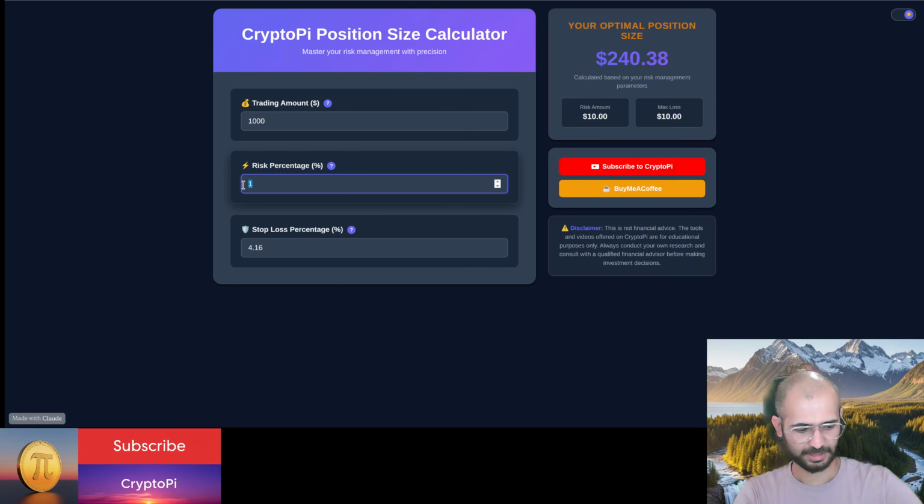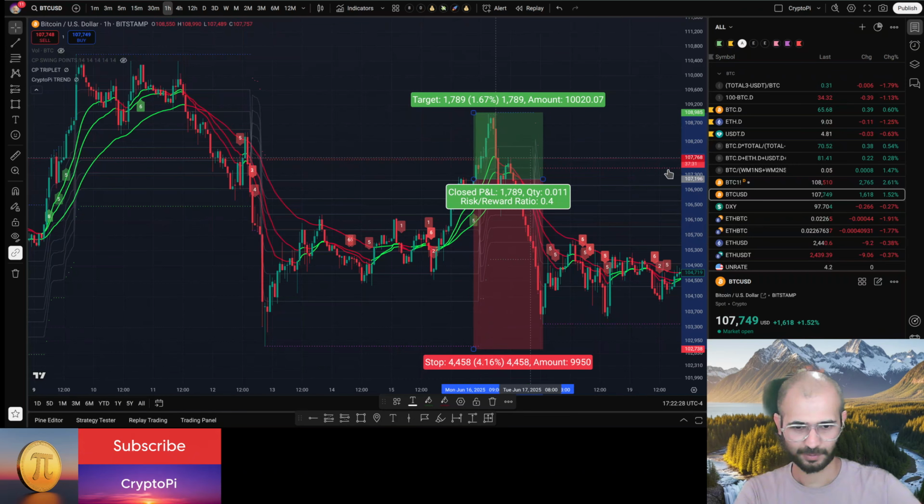Now, make a note that if I increase my risk percentage, my position size increases, so my max loss increases, but at the same time, when I make profit, my profit will also be more. It's the game of risk and reward.